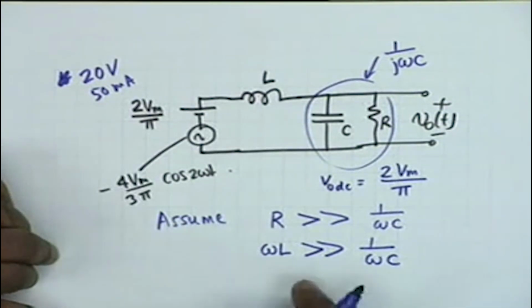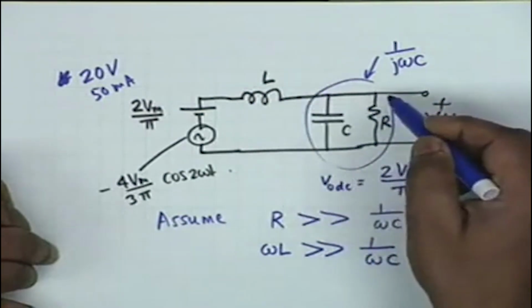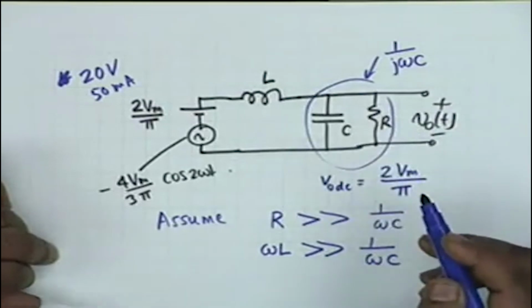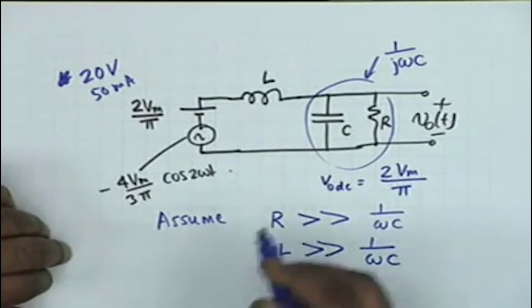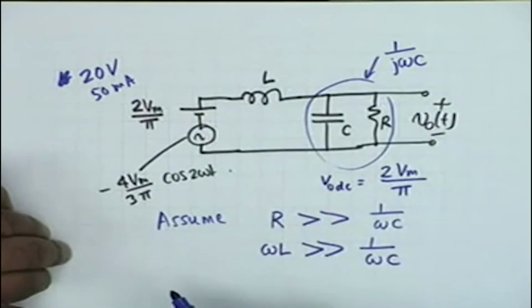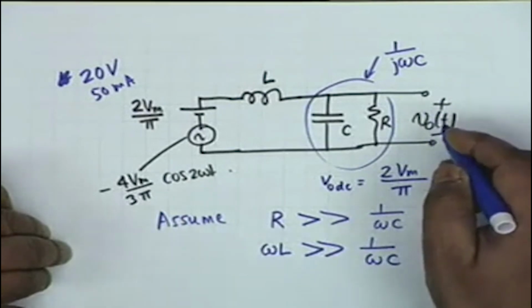For good filtering, the impedance of the inductor should dominate over the impedance of the capacitor.